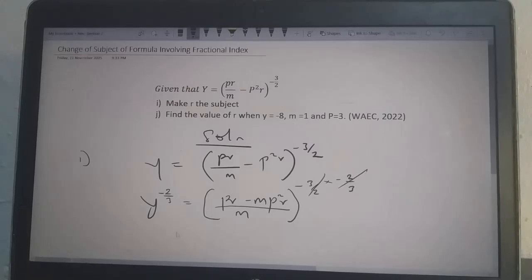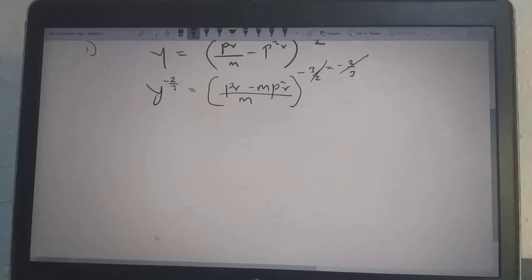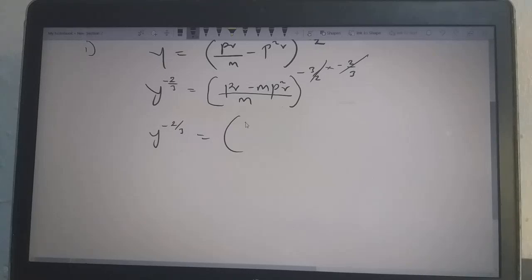I'm left with y raised to the power -2/3 equals PR minus np square r over n.